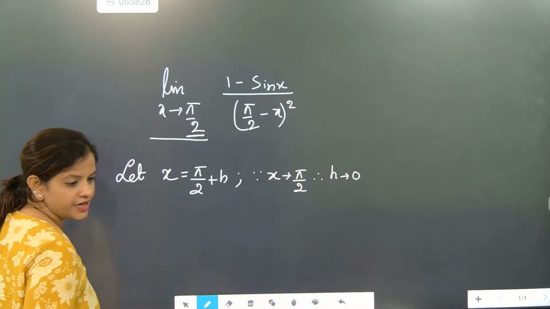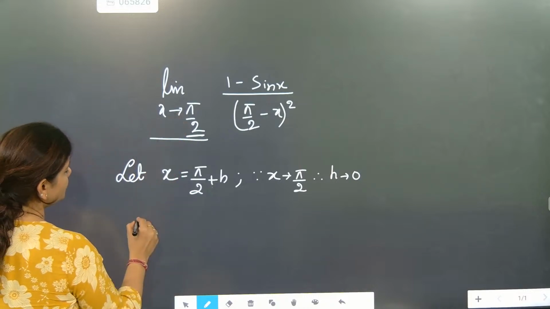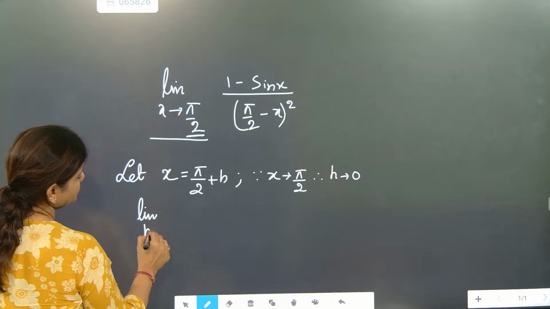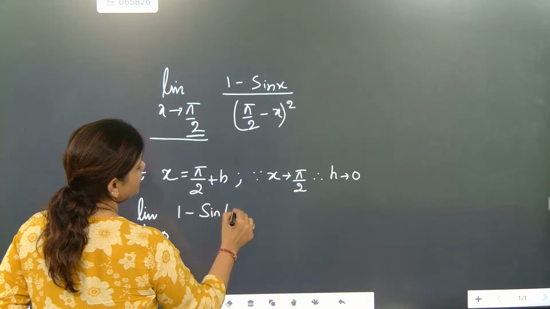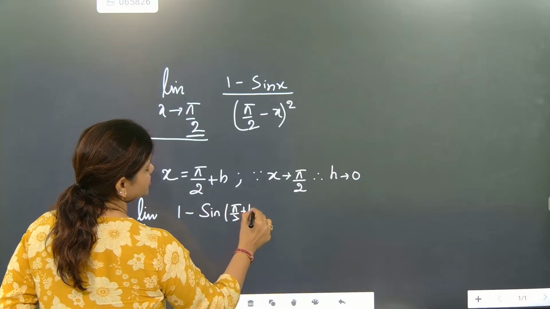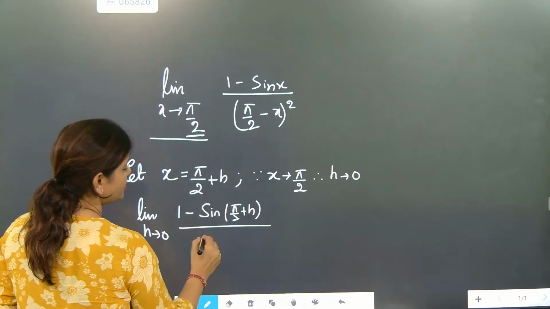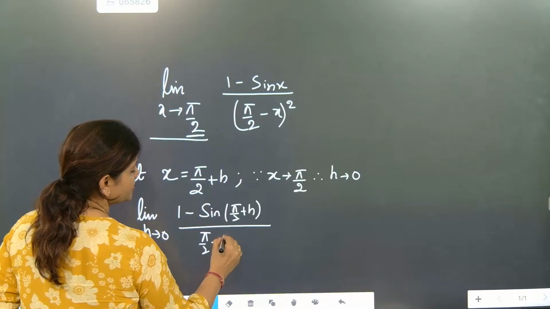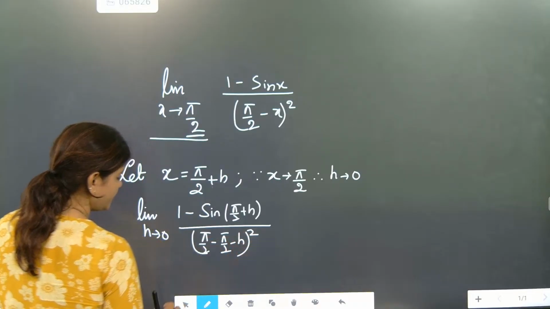So if x is tending to pi by 2, h is exactly tending to 0. So here we will write, limit h tends to 0, 1 minus sine of pi by 2 plus h. Sine pi by 2 plus h. Now the denominator part we are going to write, minus pi by 2 minus h whole square.